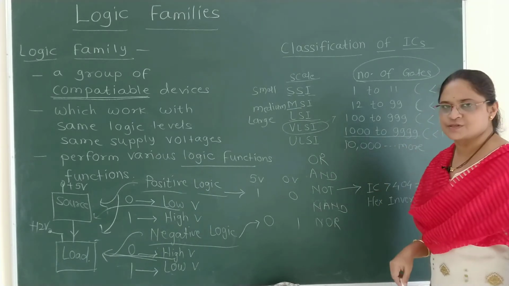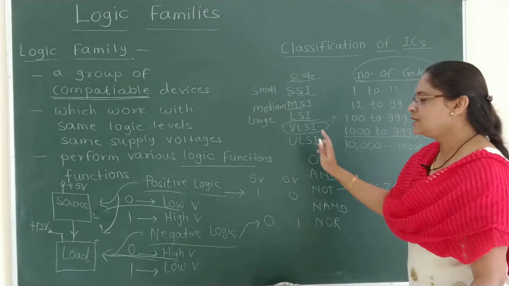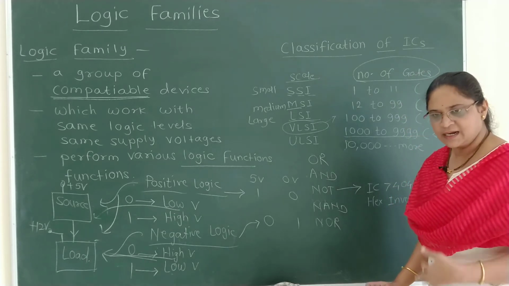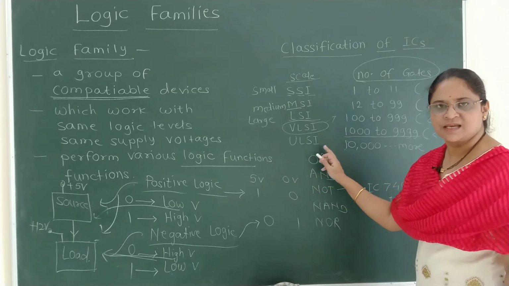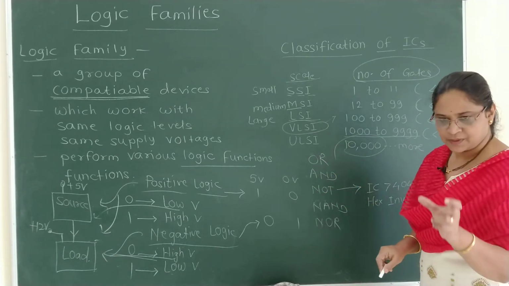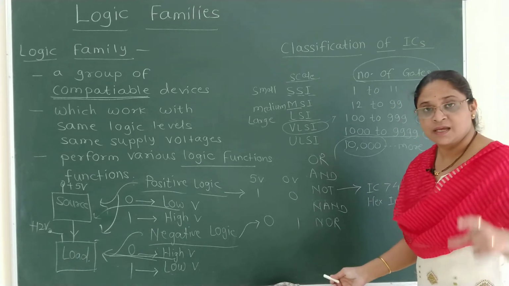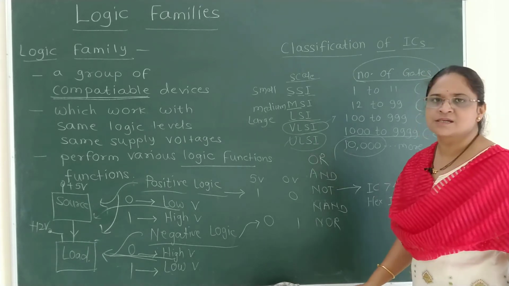In case of microprocessors, they include this technique known as very large scale integration. And the latest technique is ULSI, that is ultra large scale integration. Here it includes more than 10,000. If 10,000 or more gates are used in that IC platform, then it is nothing but ultra large scale integration.